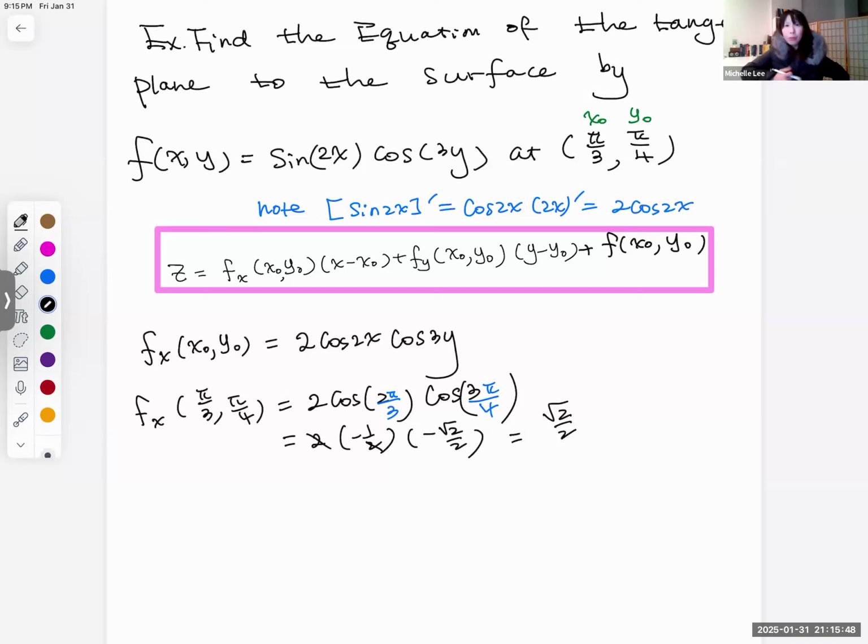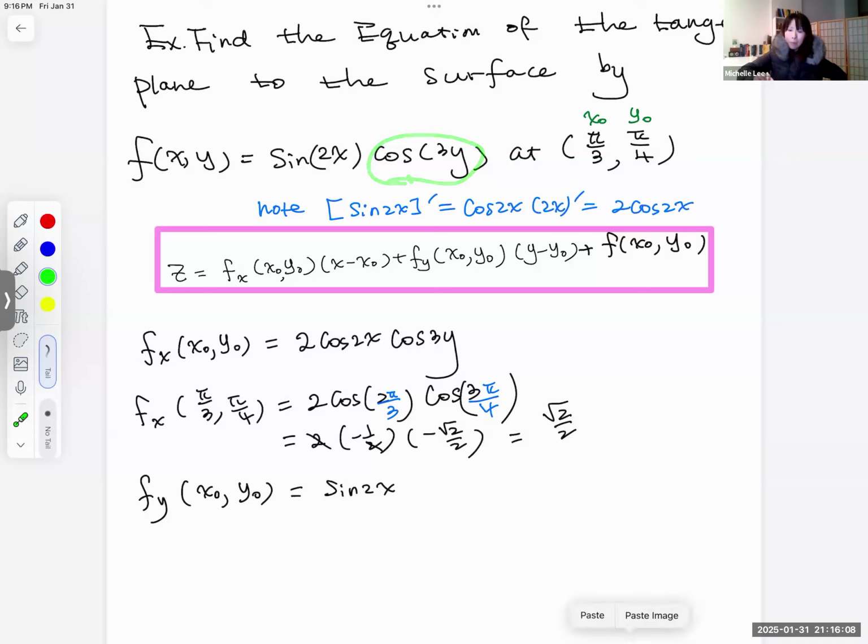Okay, now we do partial derivative with respect to y. So x is constant, so we keep that. Sine 2x. What's the derivative of cosine 3y?